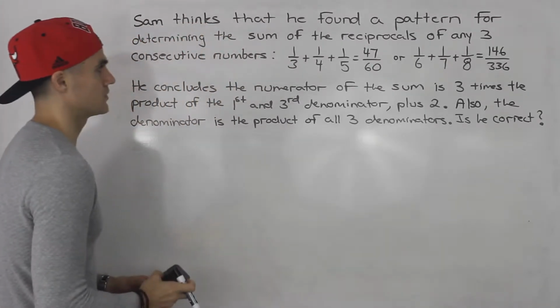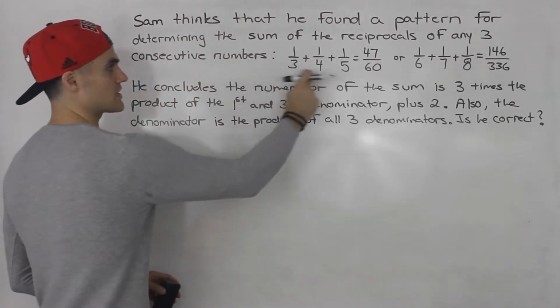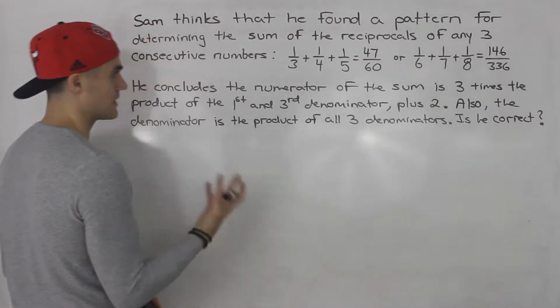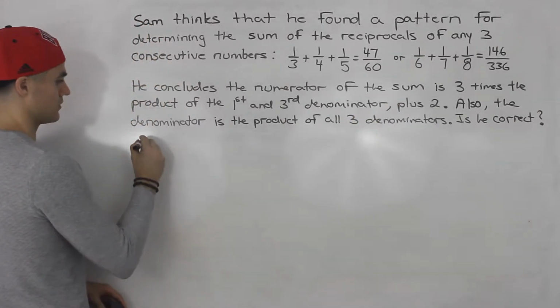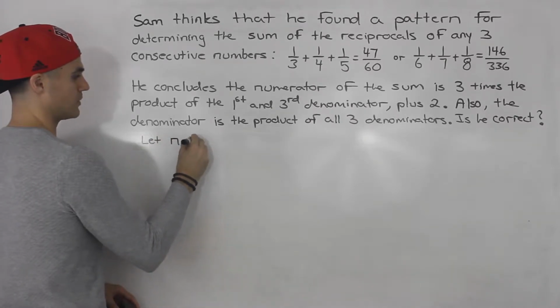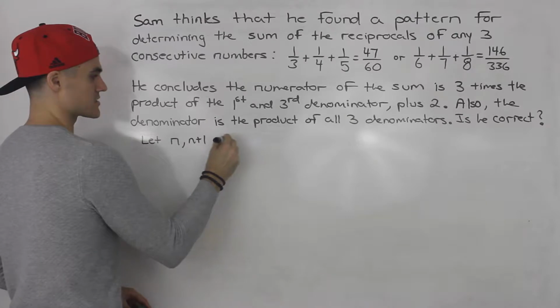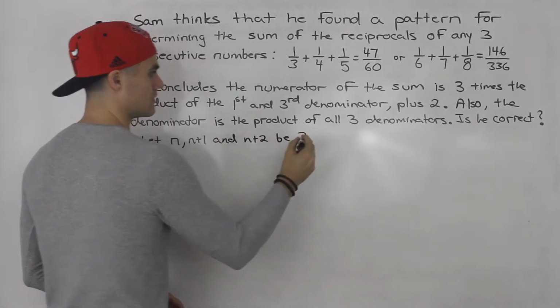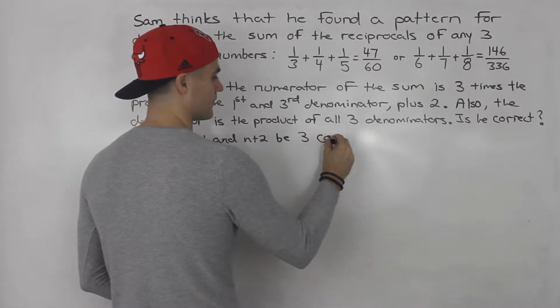So how are we going to prove this for a general case? Well, what we want to do is, instead of using actual numbers, use variables that can be any number. So what we can do is let n, n plus 1, and n plus 2 be 3 consecutive numbers.